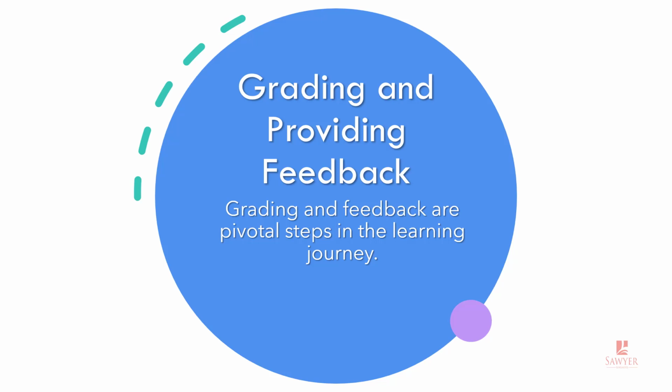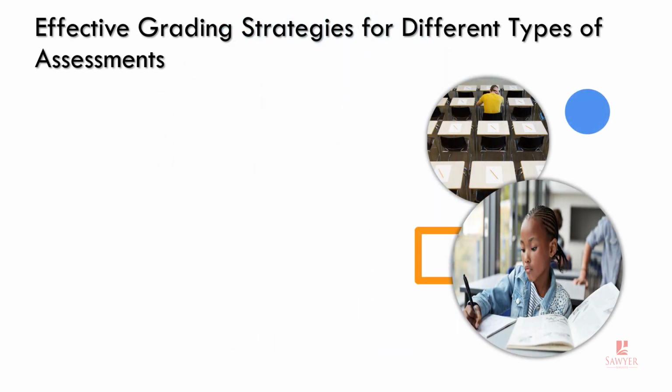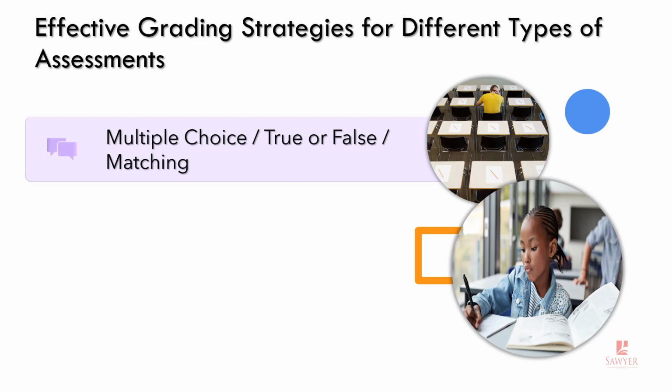Grading can also create a lot of anxiety, but what we want to do is consider effective grading strategies for different types of assessments. When it comes to multiple choice, true, false, and matching, we want to have an answer key. And with the answer key, we want our colleagues to review it for us.